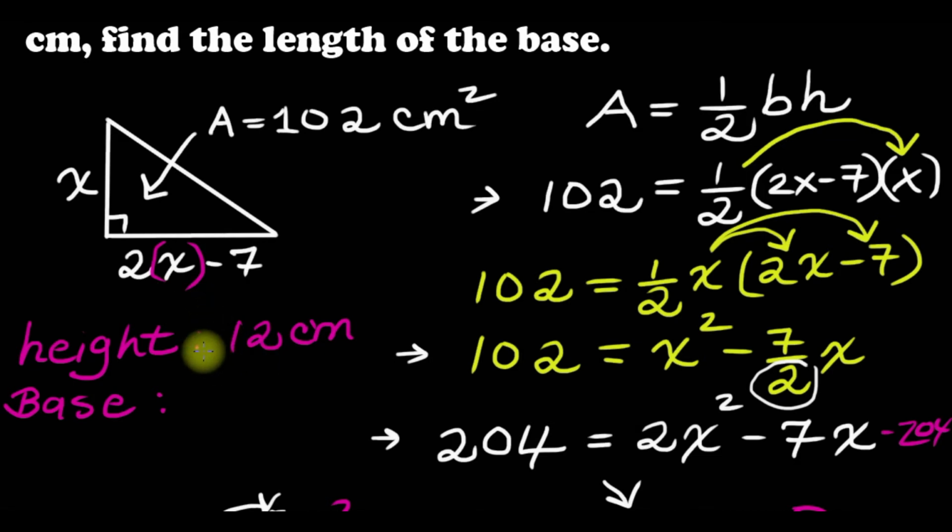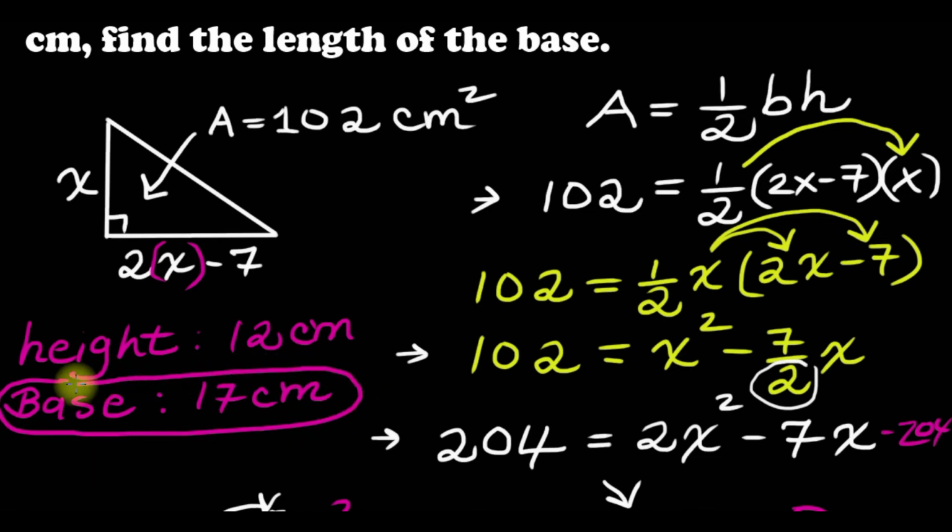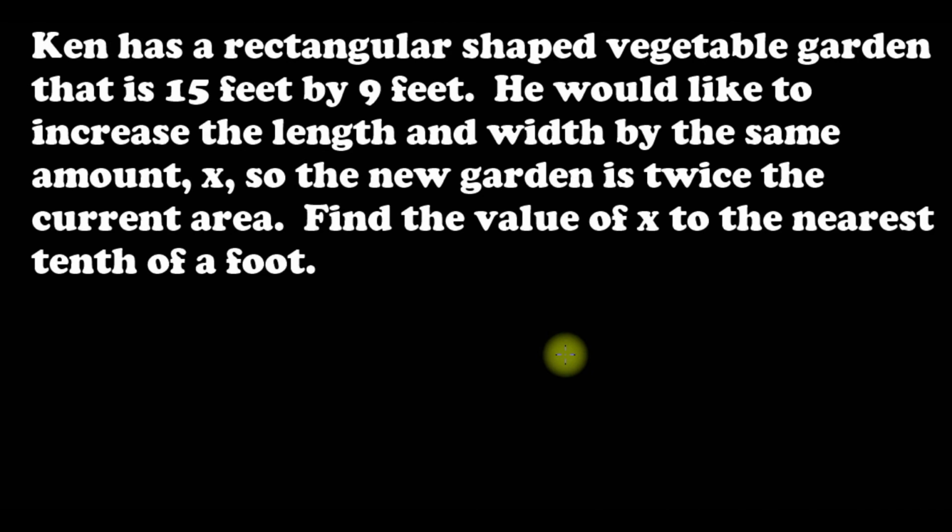And then when we take 7 away from 24, we get 17 centimeter. Okay, so what are we looking for here? We're looking for the base. How long is the base? And we found the base to be 17 centimeter long.